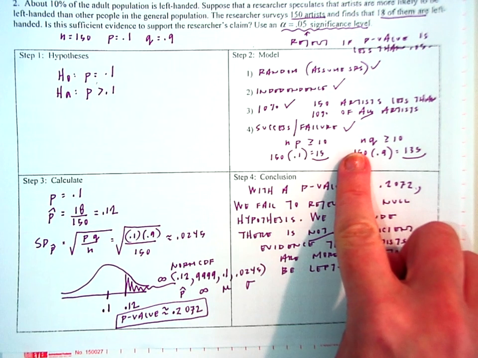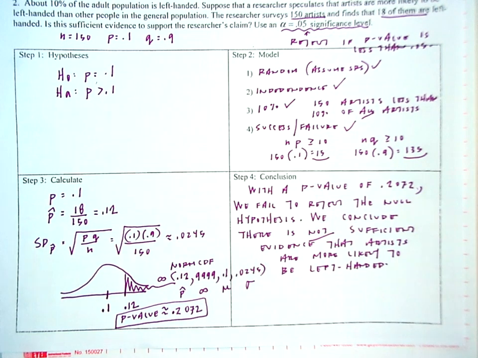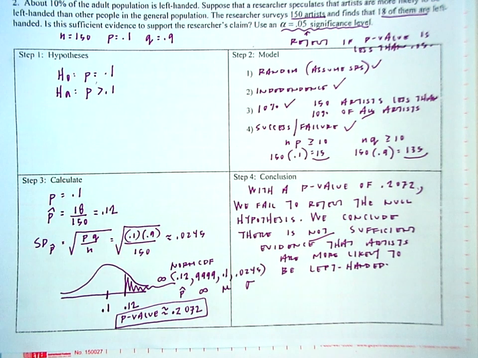Okay, checking our criteria for if a normal model is appropriate. We need randomization, we need independence. We need to know that 150 artists is less than 10% of all artists in our population. And we need to make sure that we have enough successes, enough failures for our distribution to look fairly normal.